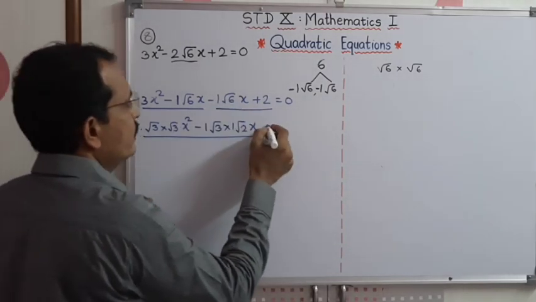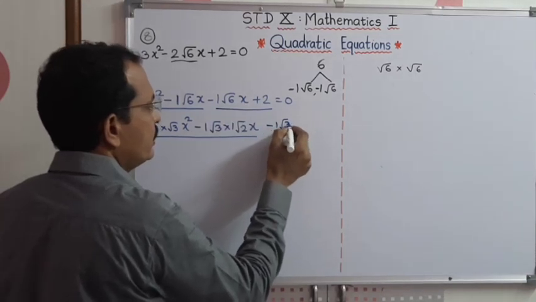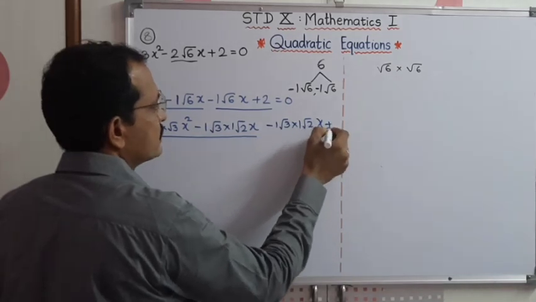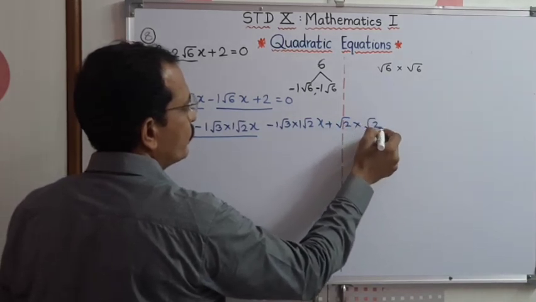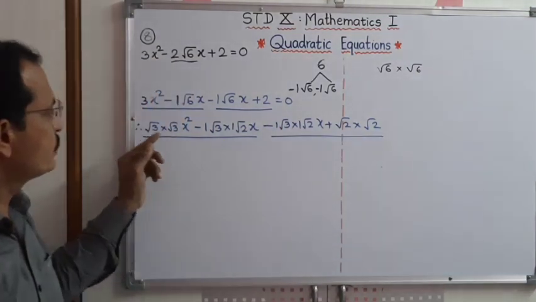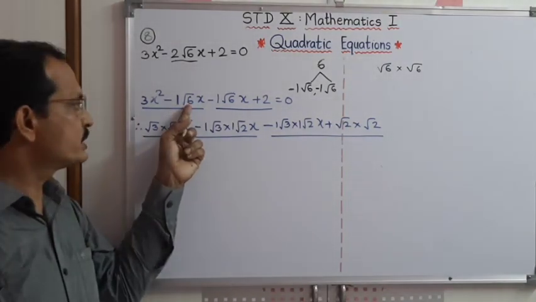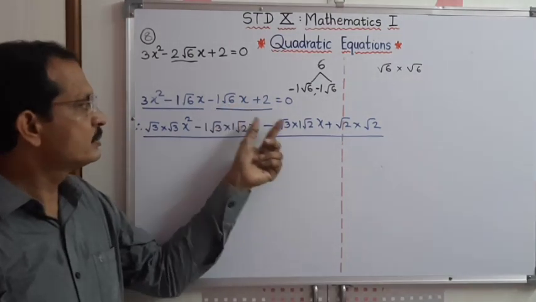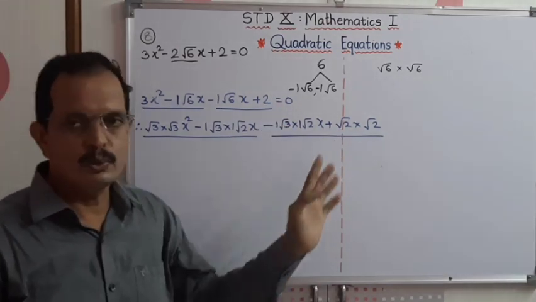Now see here, same way, here it is 1 root 6, we write here 1 root 3 into 1 root 2x plus, instead of this 2 we can write root 2 into root 2. I think there is no confusion. Everyone understood this. Instead of this 3 we write root 3 root 3. This root 6 we factorize as root 3 into root 2x, and this 2 means root 2 into root 2.